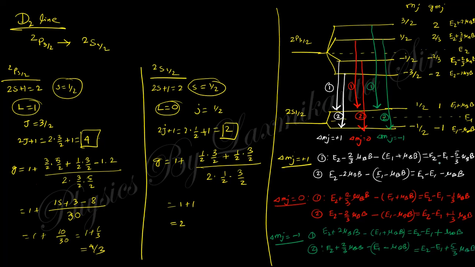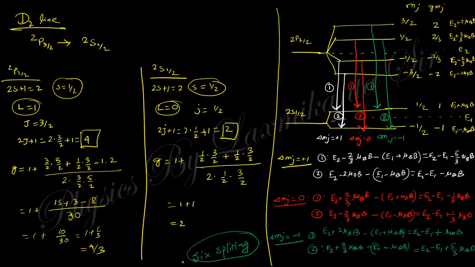So you can see these 6 energy levels are different. So finally you will get 6 spectra, 6 splittings. So this line actually gives you 6 different lines of spectra.